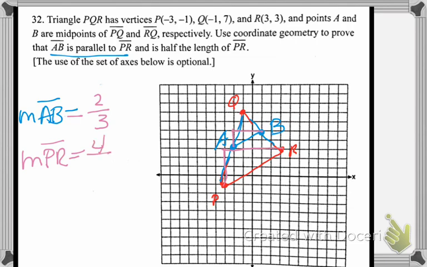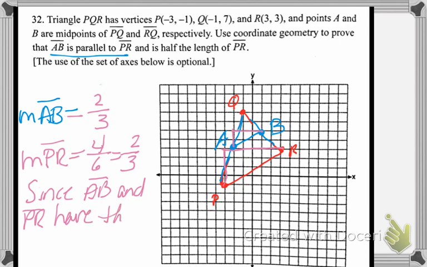So 4 over 6. But 4 over 6 is equal to 2/3. So you're going to write, since AB and PR have the same slopes, they are parallel.